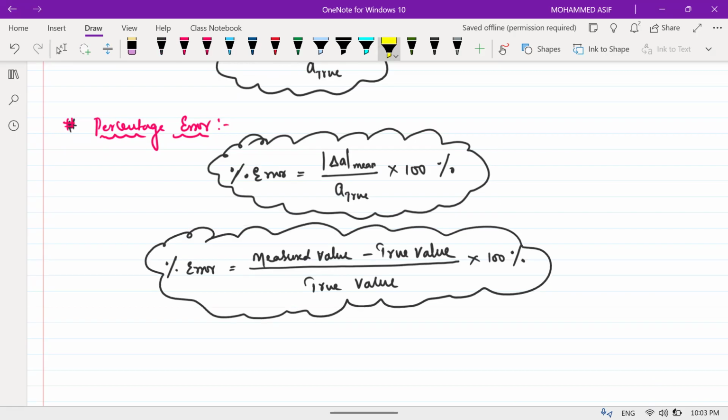So percentage error is delta A mean divided by A true into 100. Whereas in complete physics, percentage error is always written as measured value minus true value divided by true value into 100%. That will be your percentage error. Am I clear?